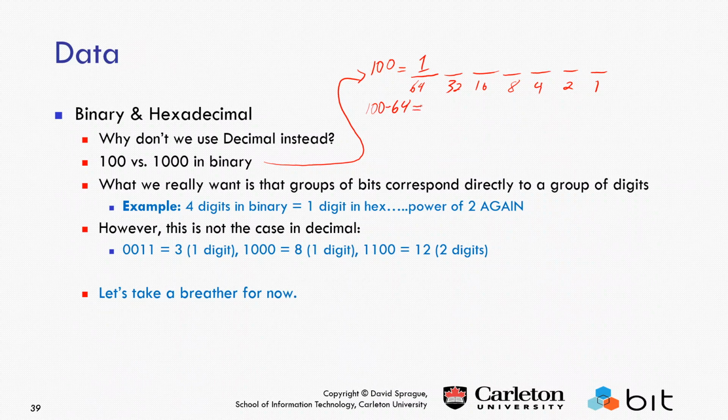That is going to be 36, right? Yep, 36. All right, so I have another 1 here, and that's going to be equal to 4. Okay, so 1, 1, 0, 0, 1, 0, 0. That's 100. And one other digit. All I did was add a 0 at the end here.